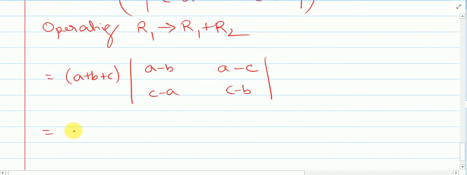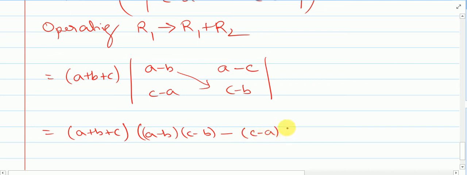now we will simplify it. So these two will multiply. Okay, so these two will multiply, so you get a minus b, c minus b minus, done.